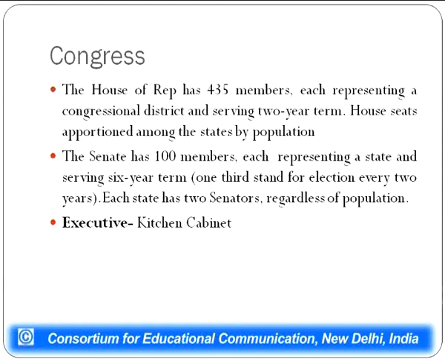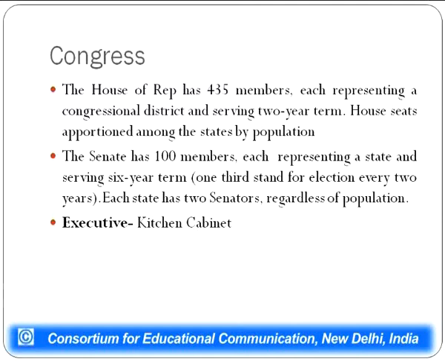The seats in the House are apportioned among the states in proportion to the population, so this is very much like the Indian system. It is based on a proportional system, that is, representatives are assigned in proportion to the population.